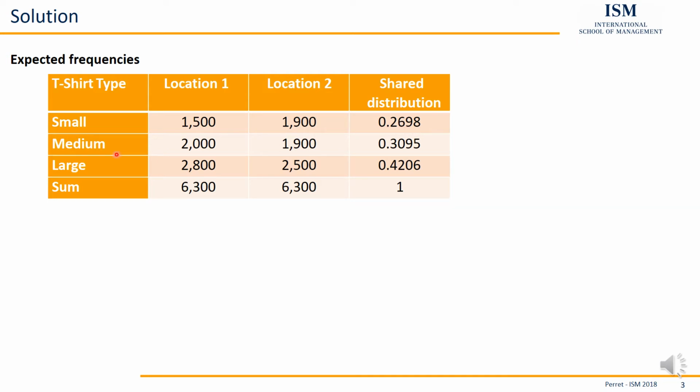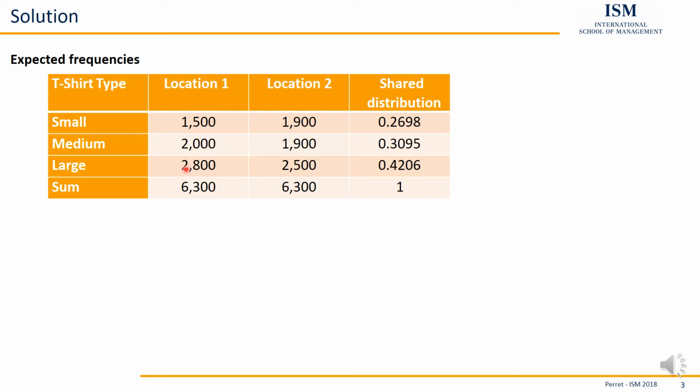Then we do the same thing for medium. 2,000 plus 1,900, so 3,900, divided again by 12,600, giving us a share of 0.3095. And finally we do this for large.